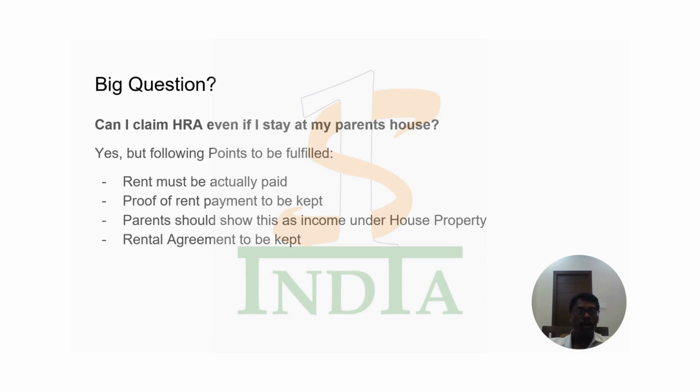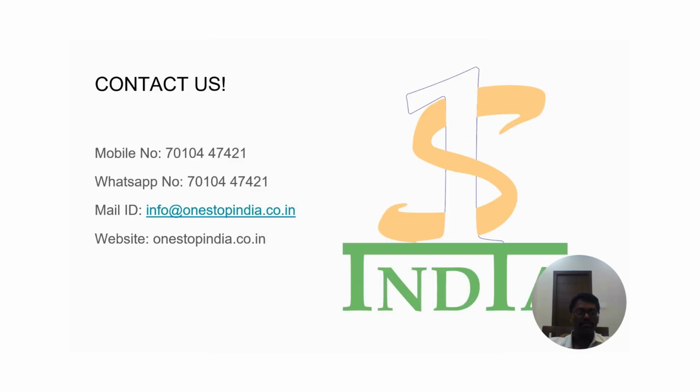The third one is that the parents should also show this rental income in their income tax return under the head income from house property. And the fourth one is that the rental agreement should be drafted and signed. These are the requirements against which you can claim this exemption in case you are paying rent to one of your parents.